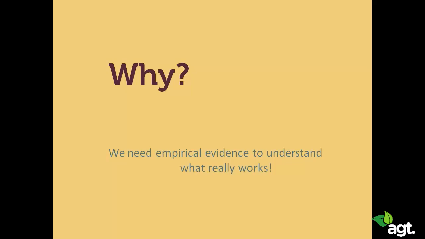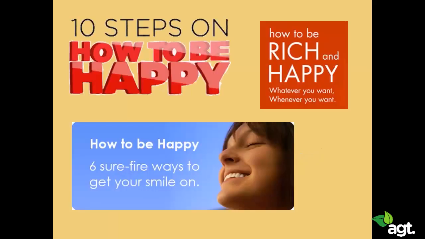From this perspective, positive psychology can be contrasted to the self-help movement. The self-help movement is characterized by slogans or book titles like these that you see here. 10 steps on how to be happy, and how to be rich and happy, whatever you want, whenever you want.